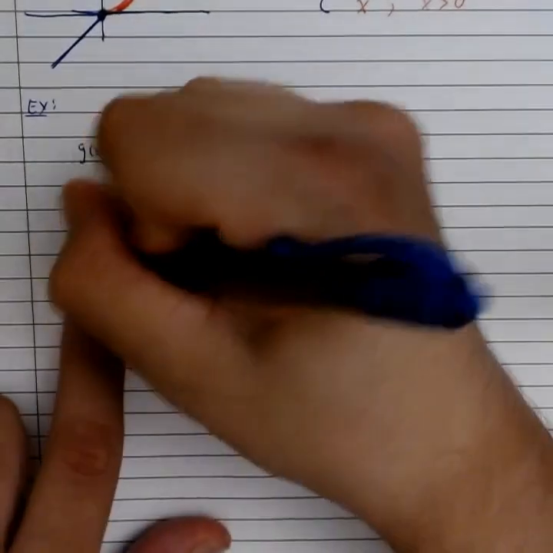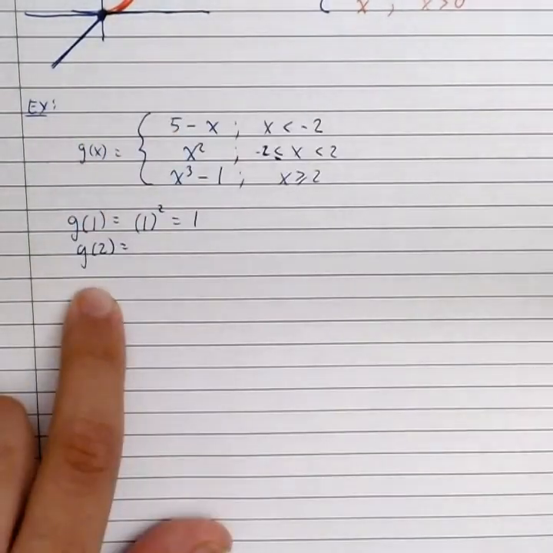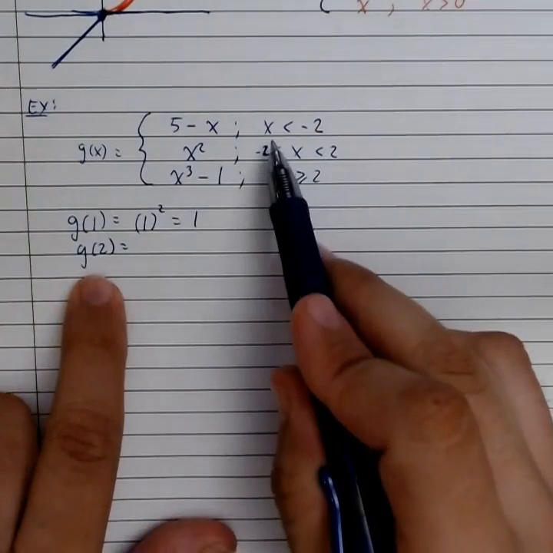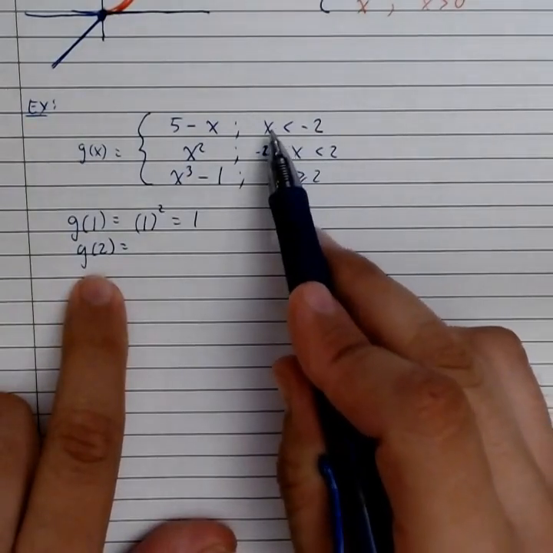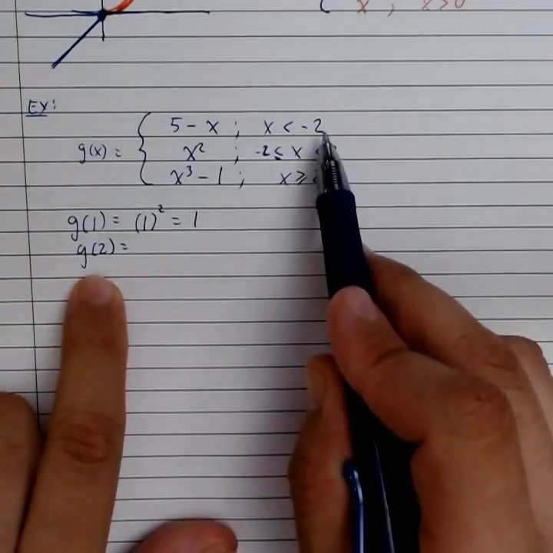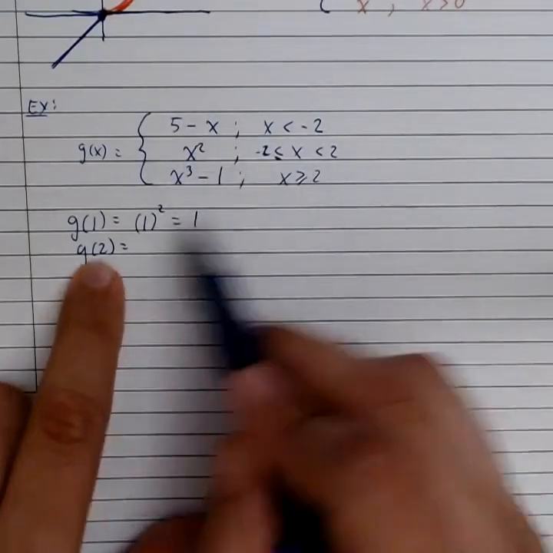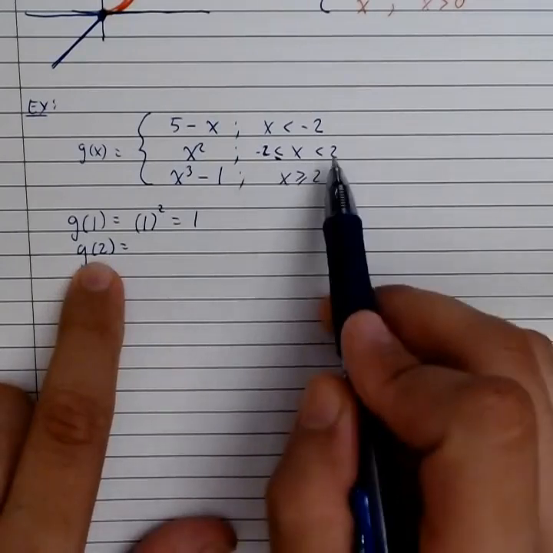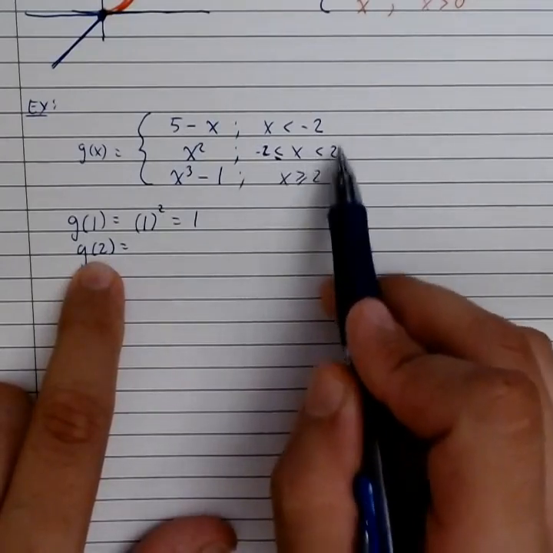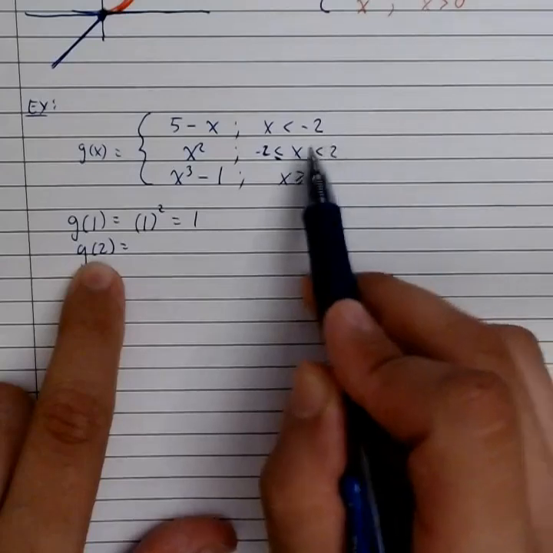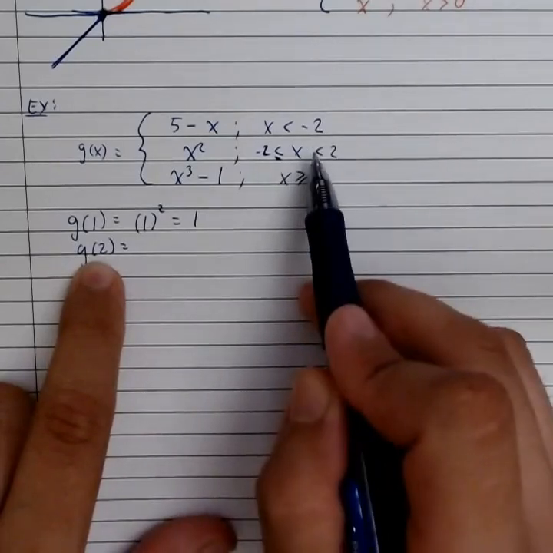Let's try g of 2. Okay, if x is equal to 2, well, let's see. Is 2 less than negative 2? Yeah, no, it's not. Okay, so then you wouldn't plug it in there. Is that 2 between minus 2 and 2? No. Here, look, I'm not including the 2 as part of this interval.